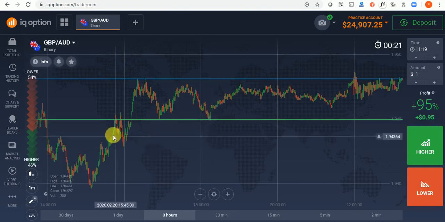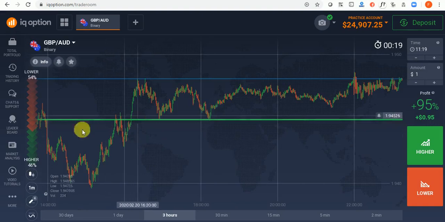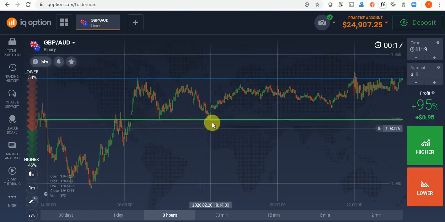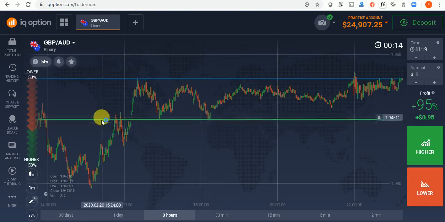Basically, what I'm saying is this: at this point, this blue line is acting as a support, but when it was here, it was acting as a resistance, because when price got there, it bounced back up. It got back here again, it bounced back down. It got right here as well, it bounced back down.